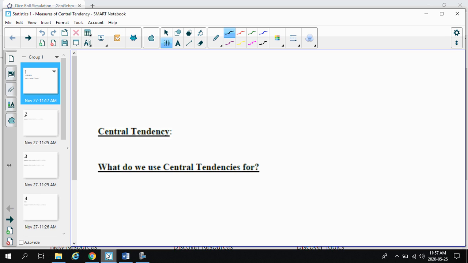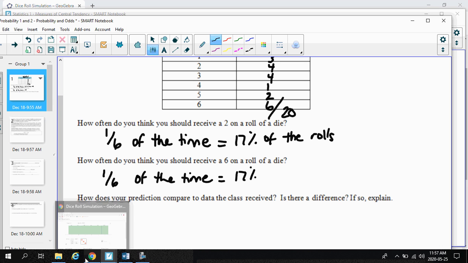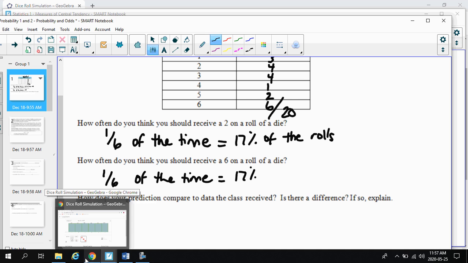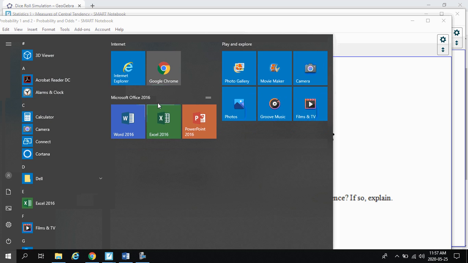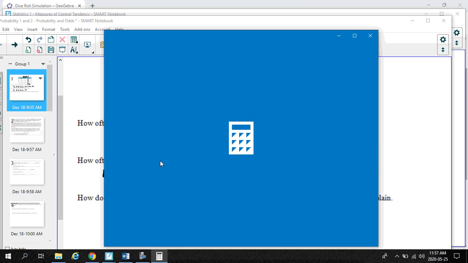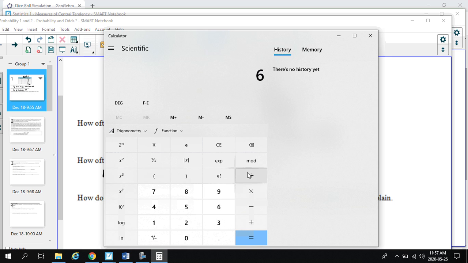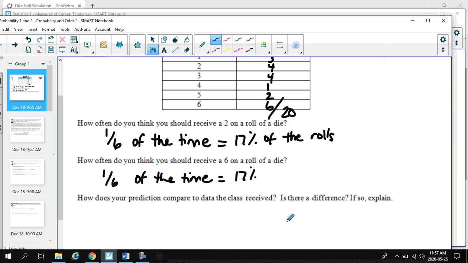There we go. So how does your prediction compare to the data the class received? Is there a difference? Yeah, both of these were not bang on. So 6 out of 20, 6 divided by 20 times 100, we got a 6 like 30% of the time.